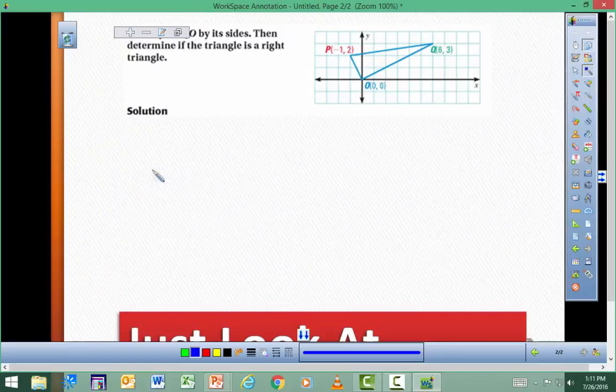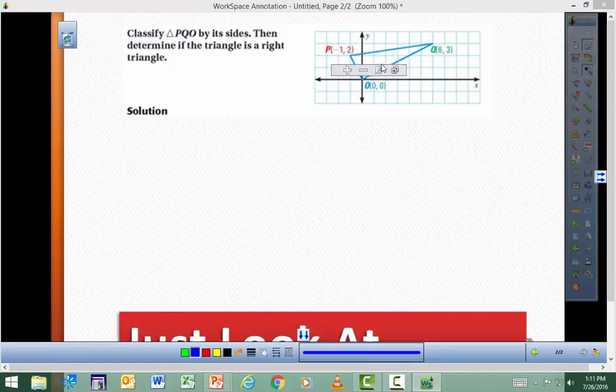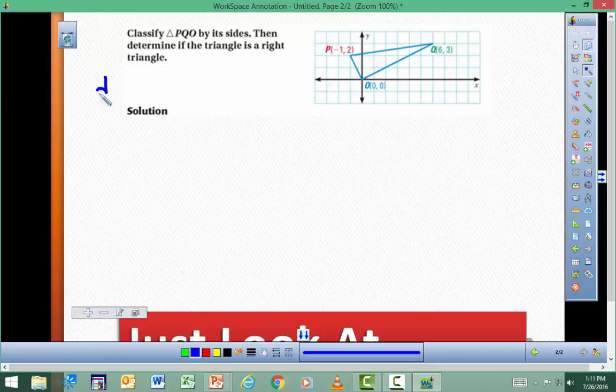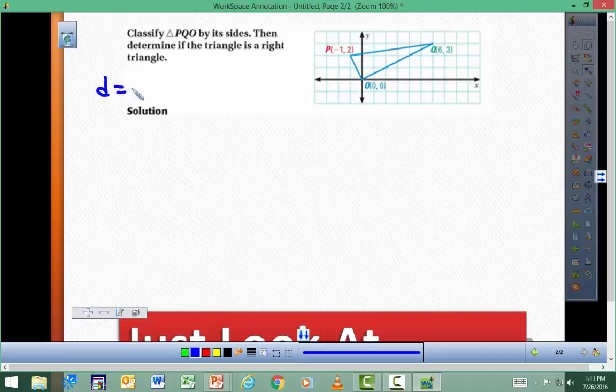Now, to describe them by their sides, this can kind of be annoying sometimes because sometimes you have to do the distance formula. And I don't know if you remember the distance formula, but let's write it down again. The distance formula we'll use over and over again. We've used it in the last chapter already.